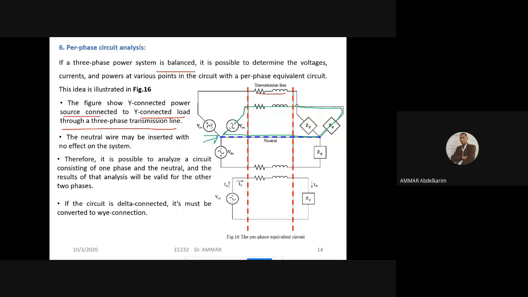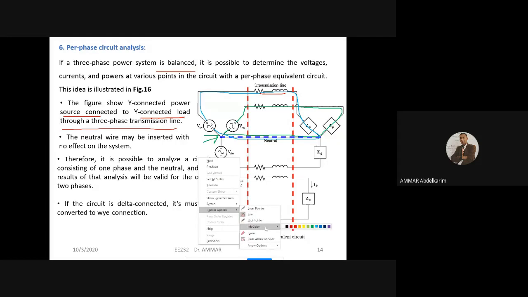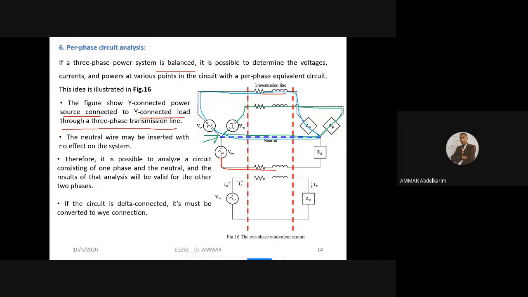We can take also the second one like this, starting from here and passing to the load, and we return by the neutral. This is the second phase. The third phase starts from here, another color. It starts from here, passes through the transmission line, passes through the load, and returns by the neutral. So we can see that all of them return by the neutral.